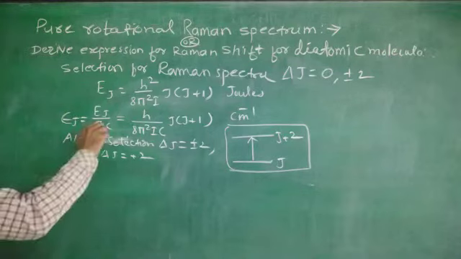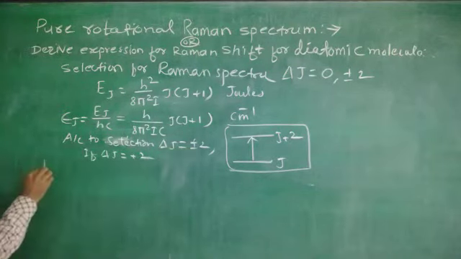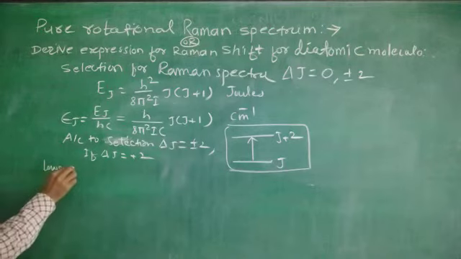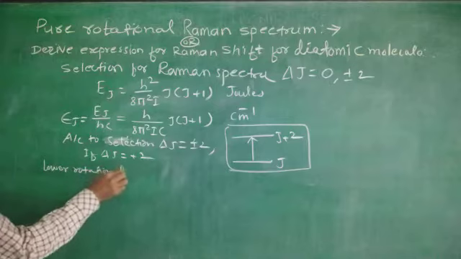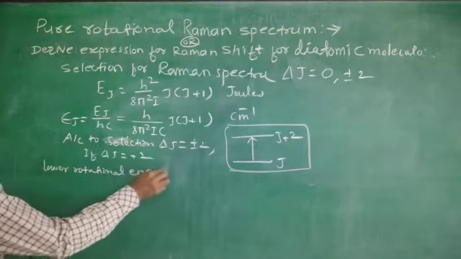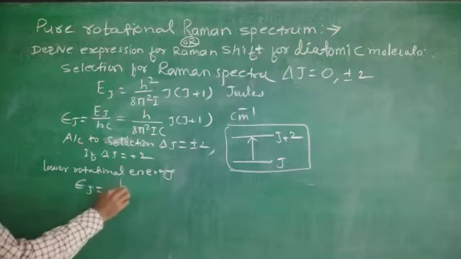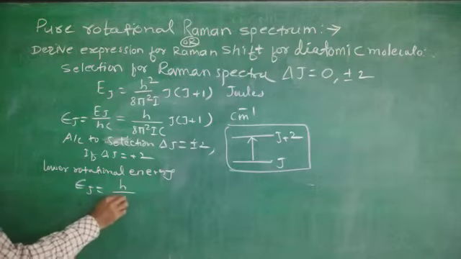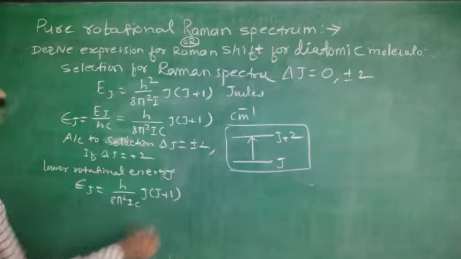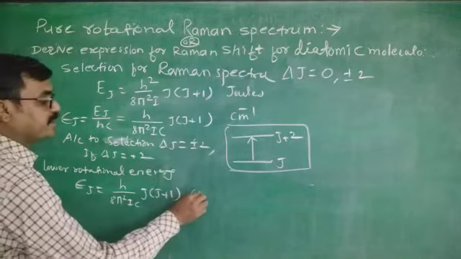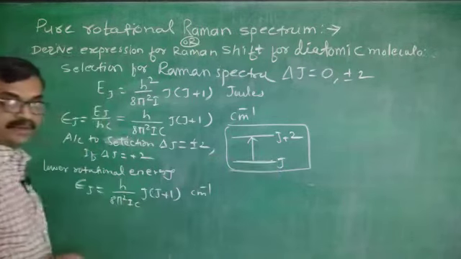Then the above equation becomes, for the lower rotational energy level, what is the energy? Epsilon J equals h upon 8 pi squared I c, J into J plus 1, so many centimeter inverse, in this lower rotational energy level.